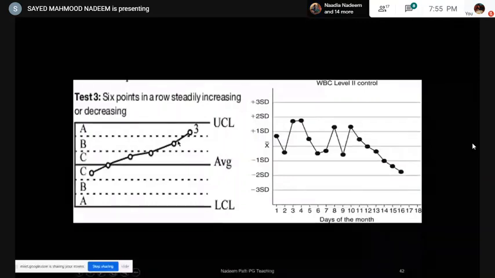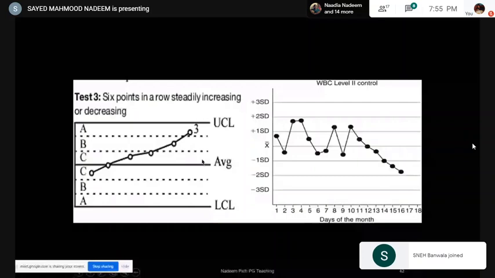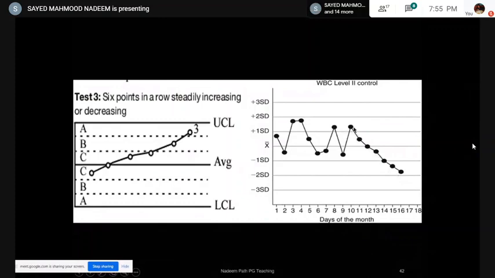For example, here you can see the level 2 WBC control is gradually falling. So this gradual movement from one point in a manner which can be very clearly understood and defined is called a trend. And what are the reasons of trend?